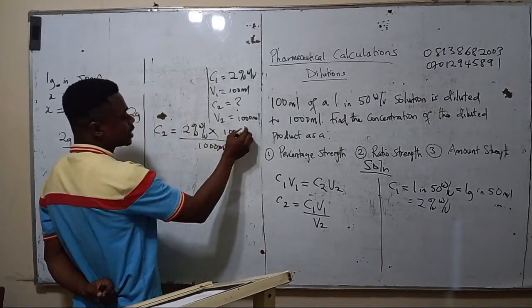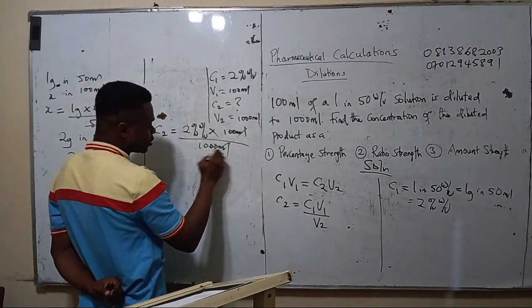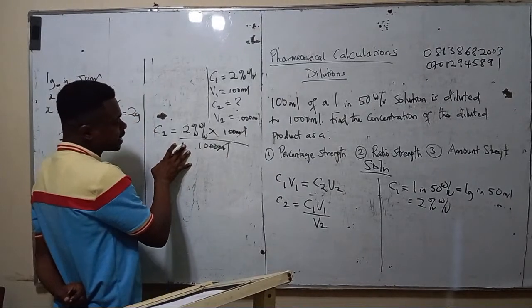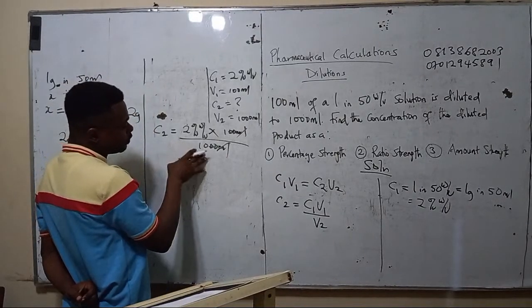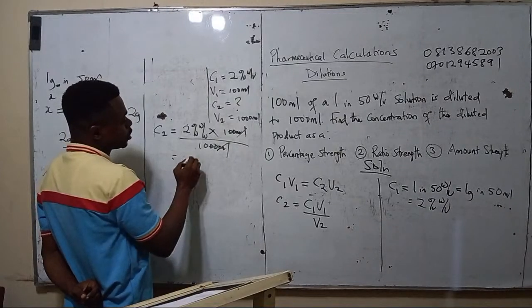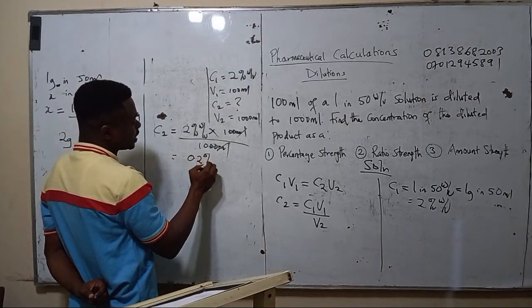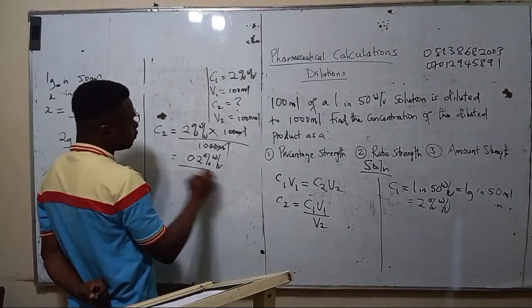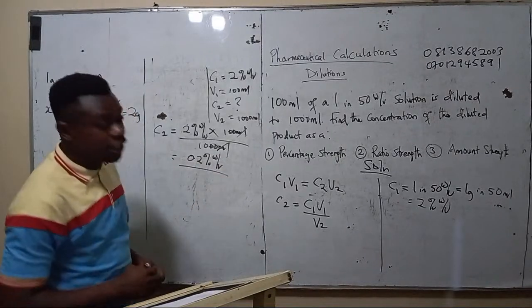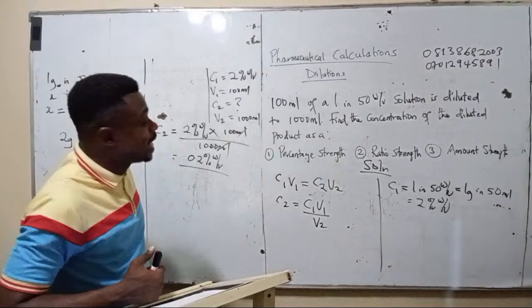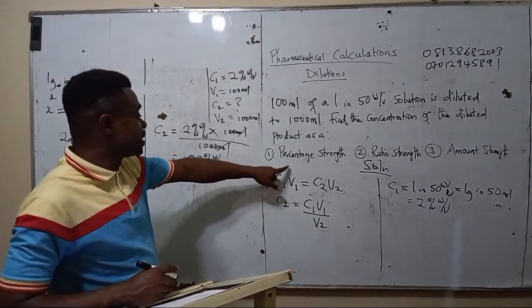The mL cancels mL, and the zeros cancel. So we have 2% weight in volume divided by 10, which is 0.2% weight in volume. So the concentration of the diluted solution, the percentage strength, is 0.2% weight in volume.